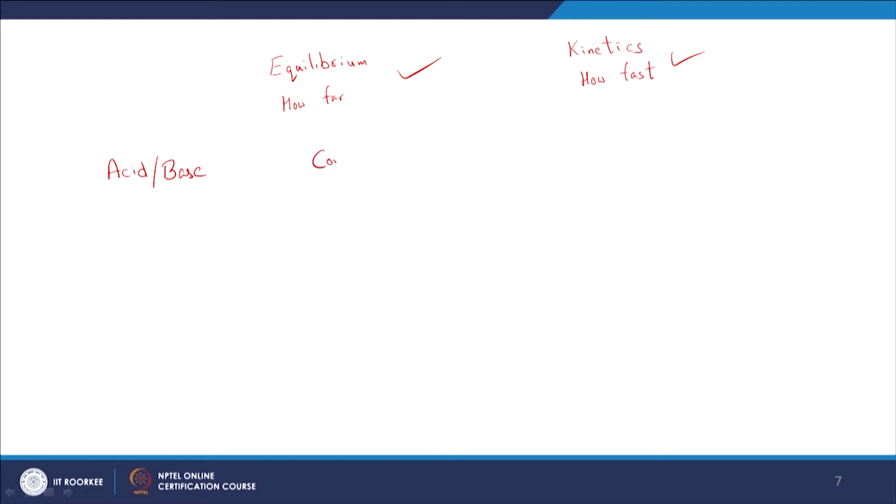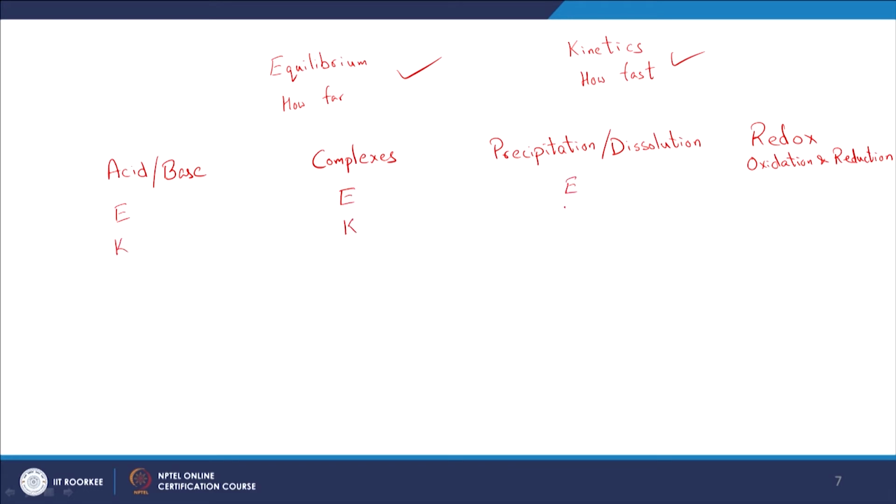We come across complex formation, and we also come across precipitation or the dissolution of the relevant solid, and more importantly we will look at redox processes, or the oxidation and reduction processes. In each of these cases we are going to look at the effects of equilibrium and kinetics.